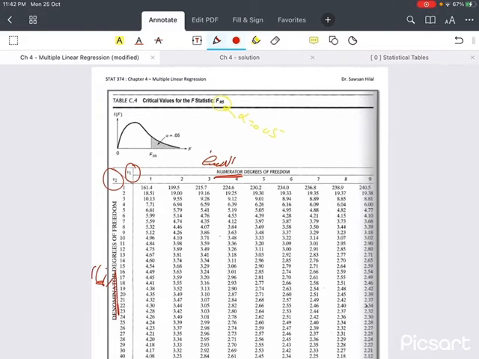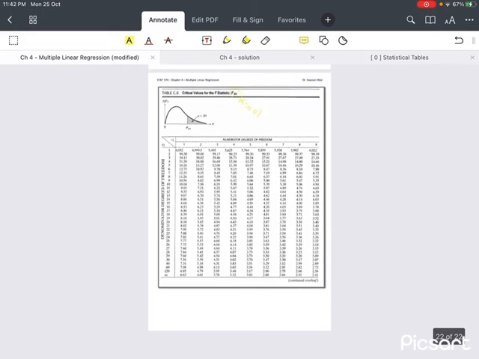First you will choose the table depending on alpha. Then you will see the degrees of freedom and choose your value from inside the table. Okay, that's it for the tables.